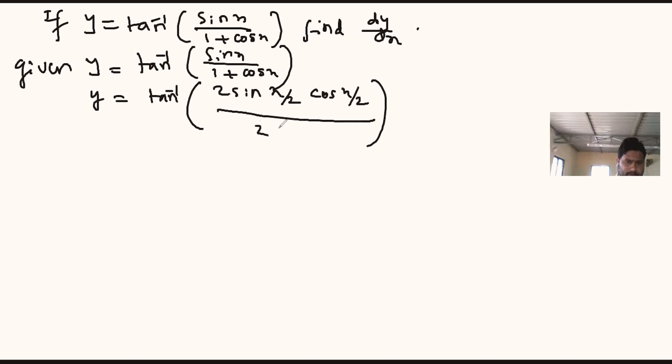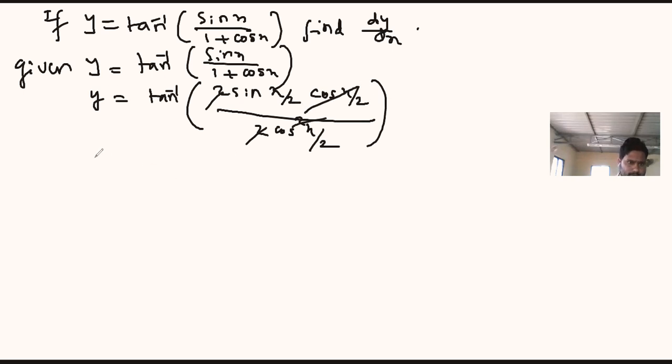It is 2 cos square x by 2. Observe that the 2 in the denominator and the 2 in the numerator get cancelled. One of the cos also gets cancelled.